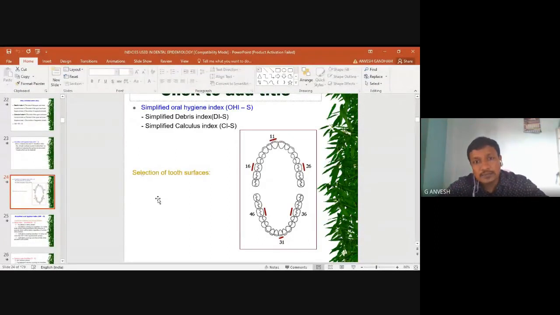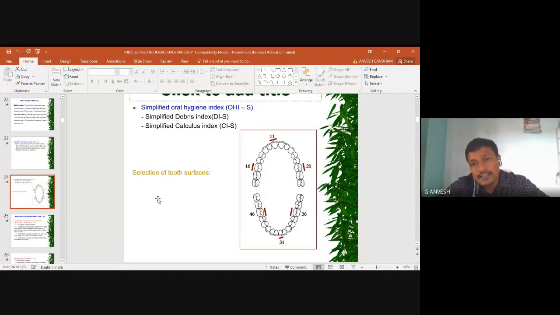This applies to both the debris index simplified and the calculus index simplified. The major difference between the oral hygiene index and the oral hygiene index simplified is that in the oral hygiene index, we examine both the buccal and lingual surfaces in both jaws in 6 segments.